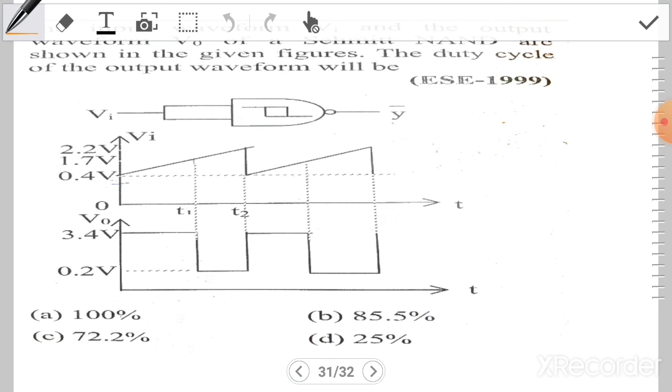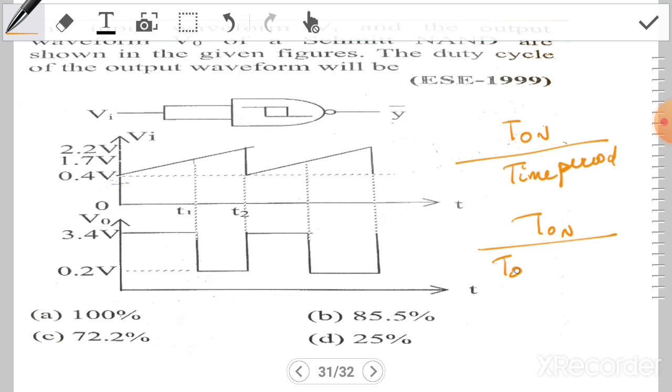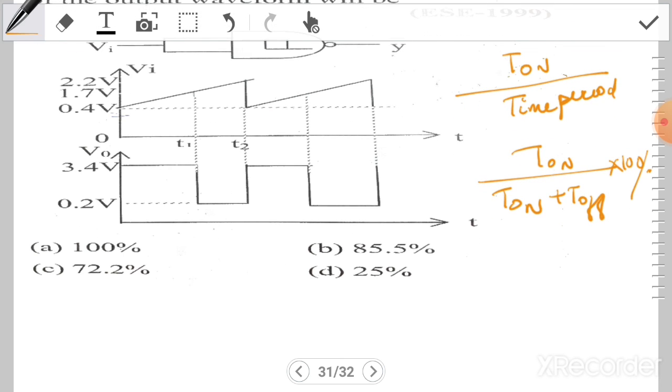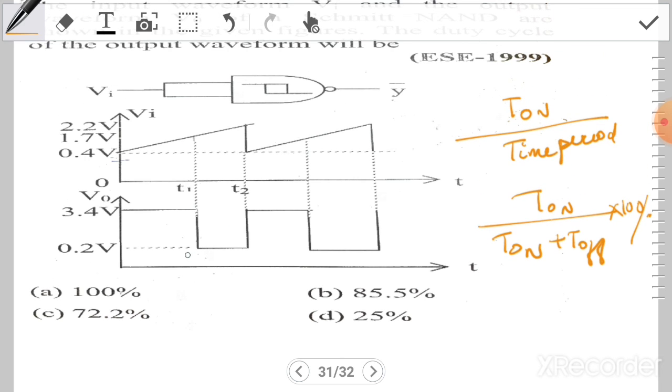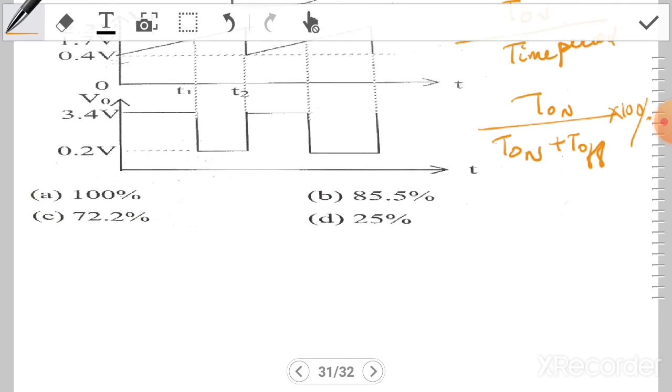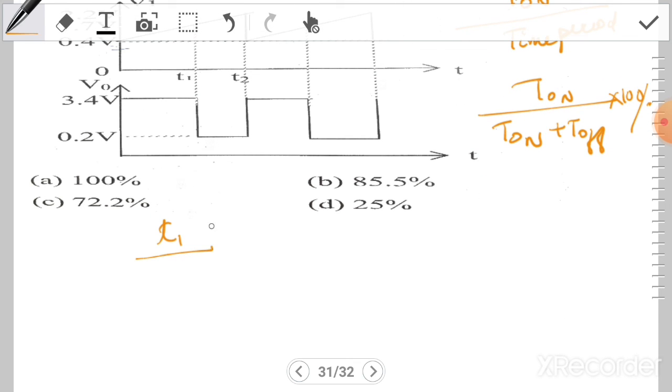Duty cycle is T on by time period, or T on by T on plus T off, into 100%. Here we need to find T1 by T2, because T2 is the time period.